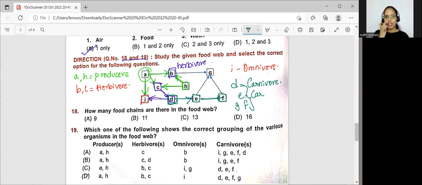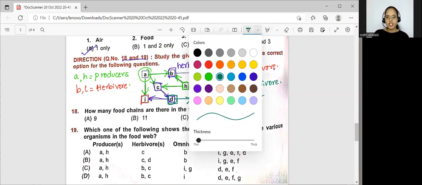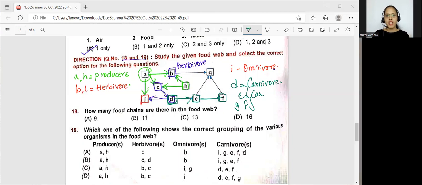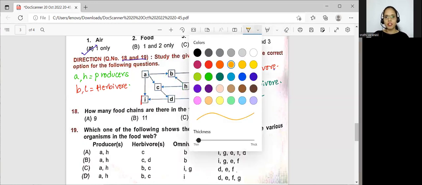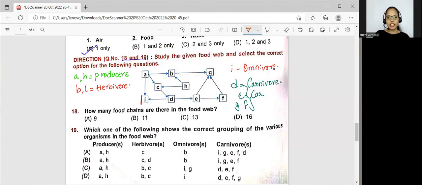Now that we have identified what they are, let's see how many food chains there are. Let's see the questions also. The 18th question is asking how many food chains are there in a food web? We are about to answer that, so let's write the answer. Let's use different colors for better identification.